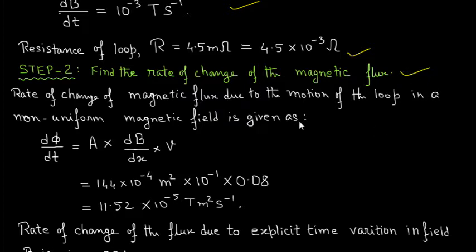Rate of change of magnetic flux due to the motion of the loop in a non-uniform magnetic field is given by d phi by dt, where we can write d phi as A times dB by dx multiplied by v. Putting the values and upon solving, we get 11.52 multiplied by 10 to the minus 5 Tesla meter square per second.